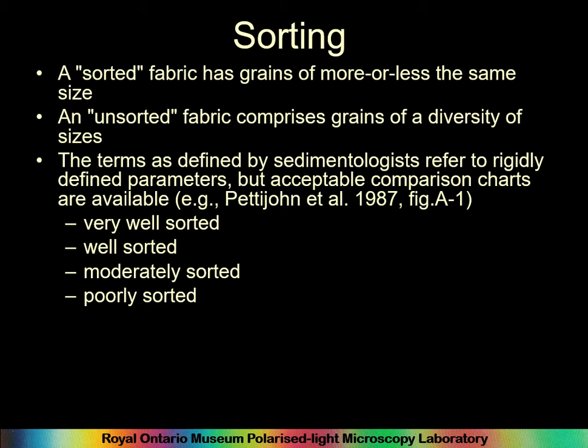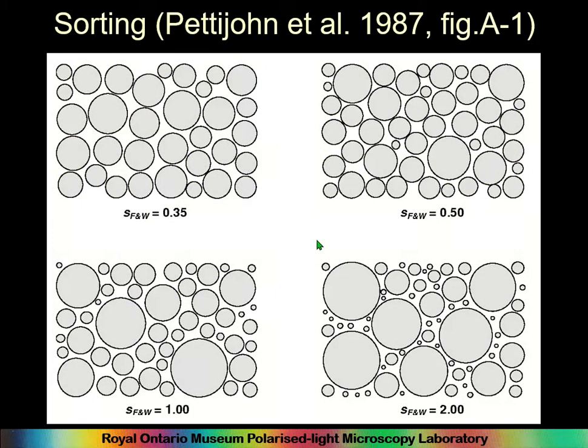But sedimentologists have developed acceptable comparison charts, including the one in Pettijohn et al. 1987, which is in the manual. And this breaks the rigidly defined parameters into types: very well sorted, moderately sorted, and poorly sorted. And here is your actual Pettijohn et al. 1987 image.